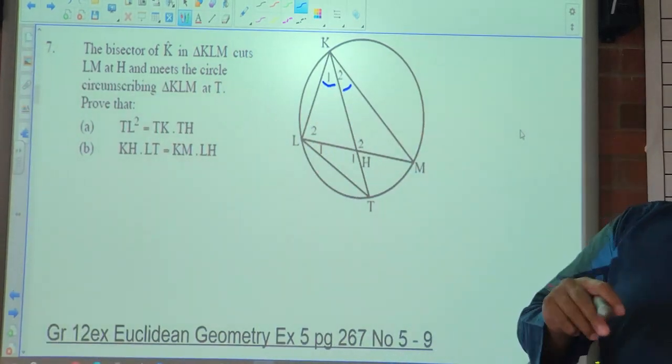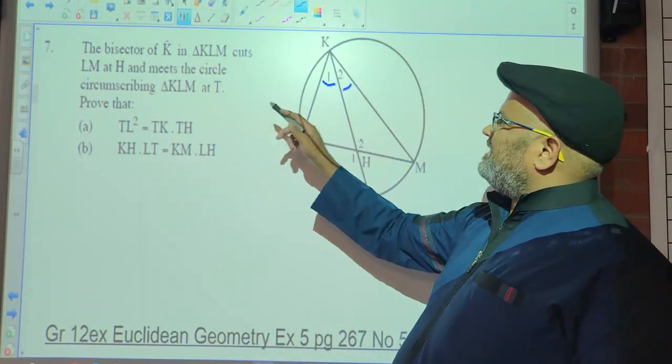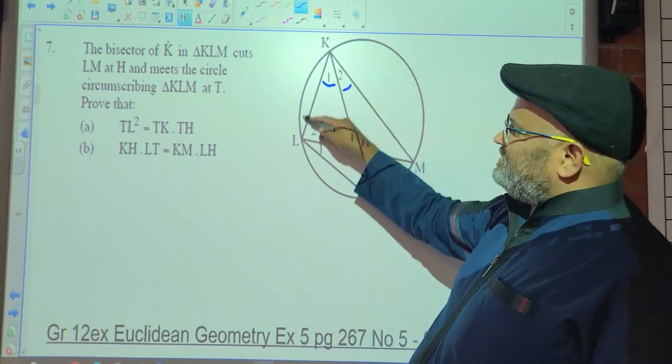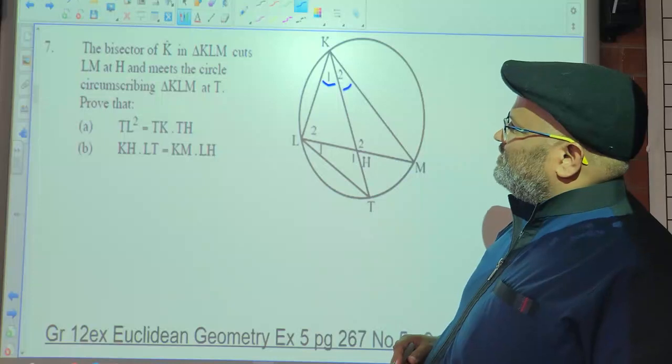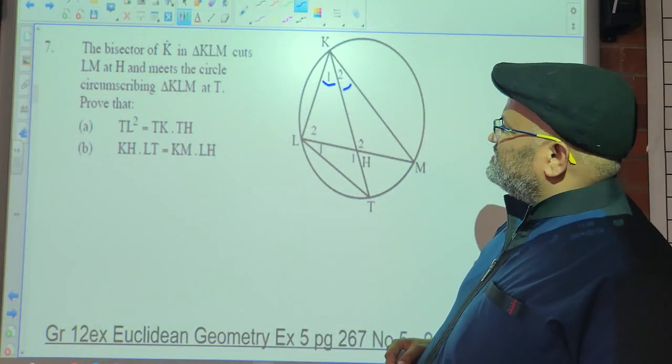A circle going through the vertices of triangle KLM. Can you see that? The circle is going through the vertices of the triangle.